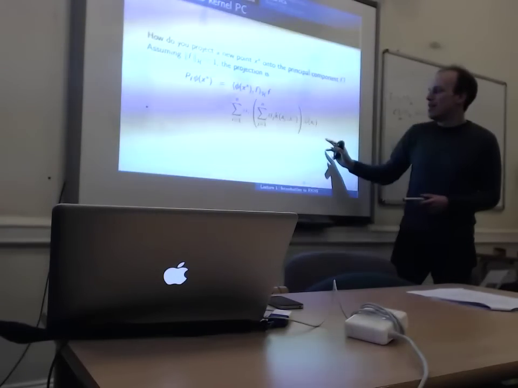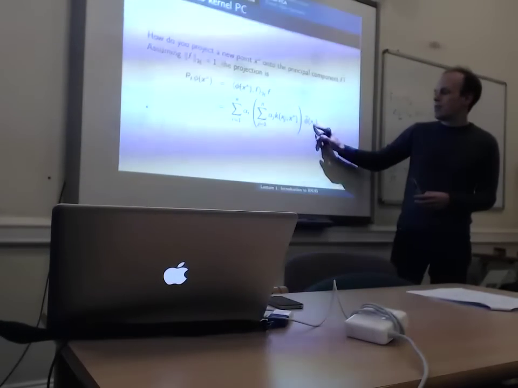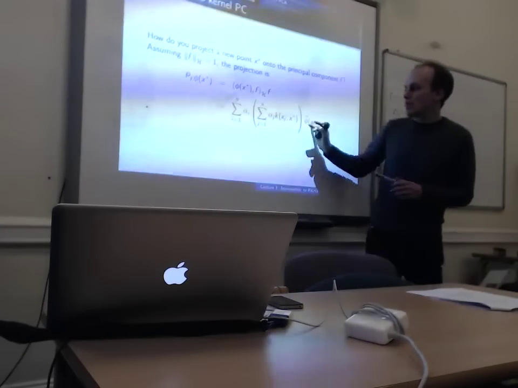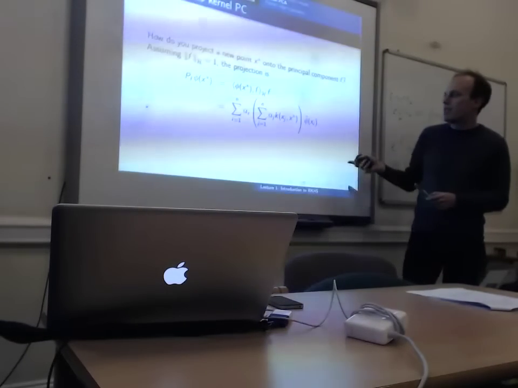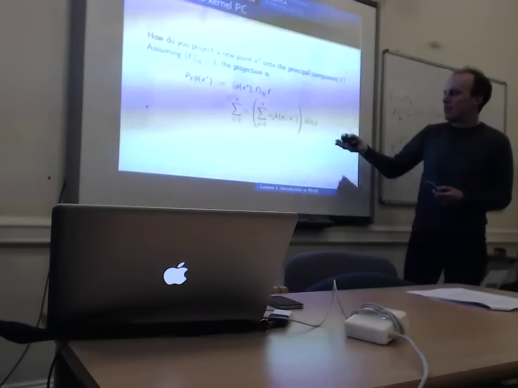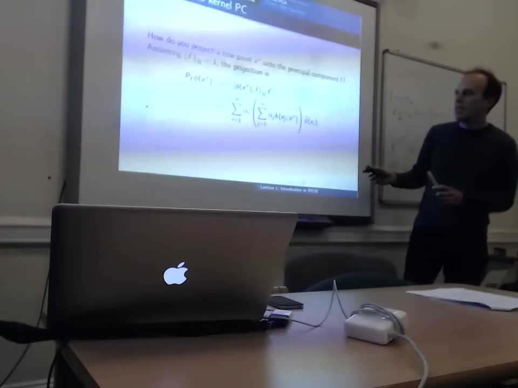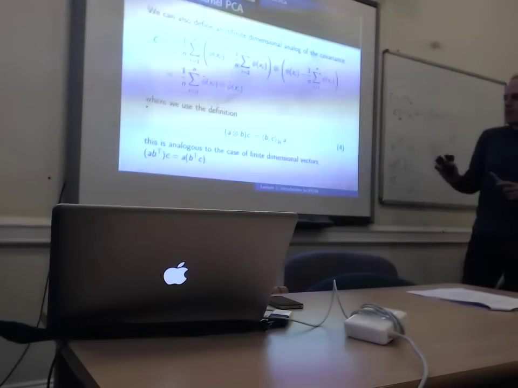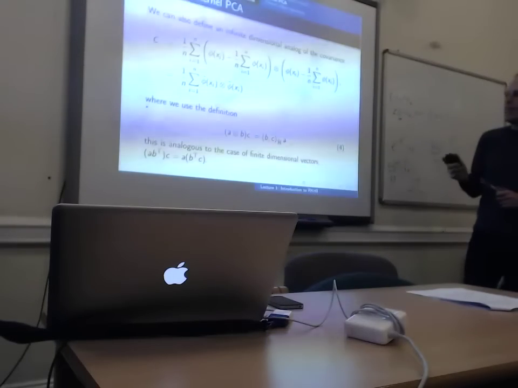So you basically get a sum of the feature maps of the x's. So this projection operation can be done entirely in terms of kernels, and it gives you, as you would expect, some weighted sum of your x's that you used when you were doing PCA. Okay. So that's the projection trick. So how do I do PCA?